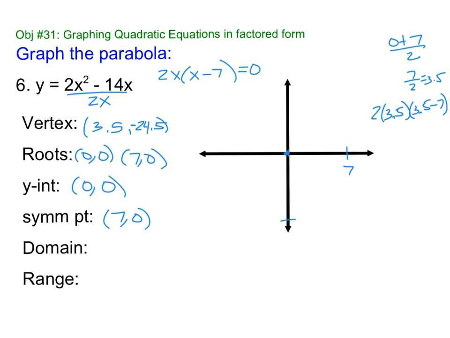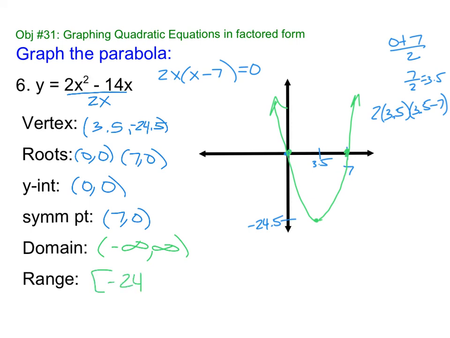I gotta go down to negative 24.5, 3.5. So that's my 3.5, negative 24.5. And that's my graph. Negative infinity to infinity, lowest, negative 24.5, highest, an arrow.